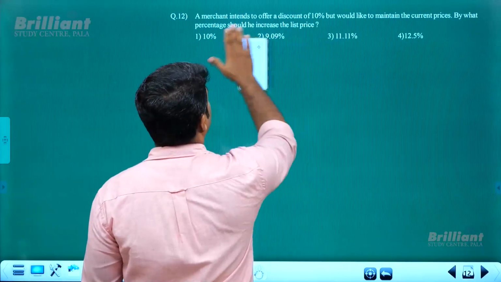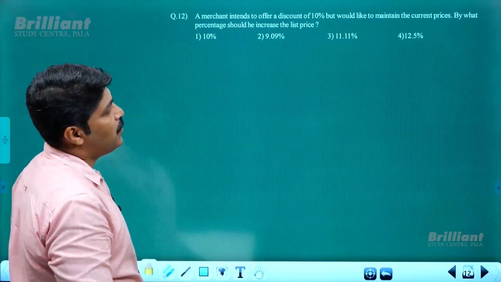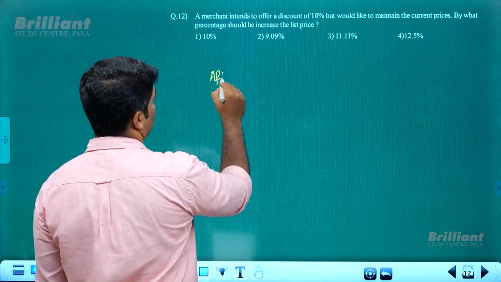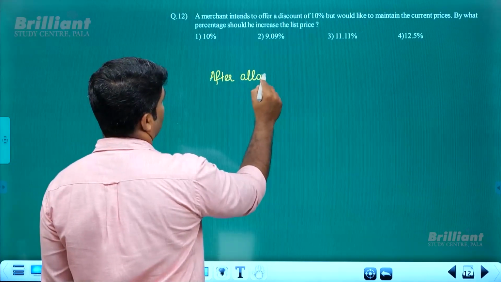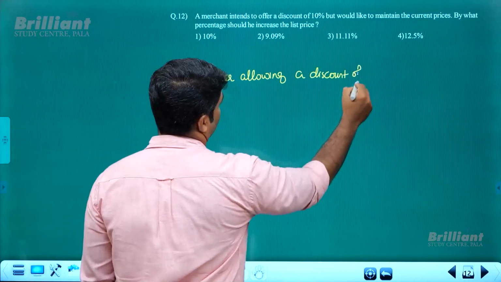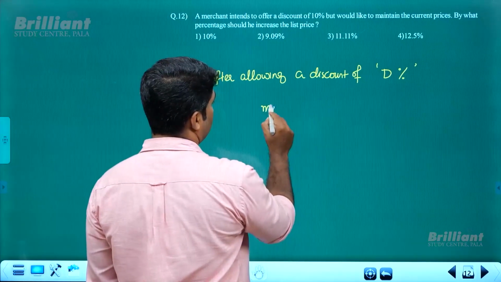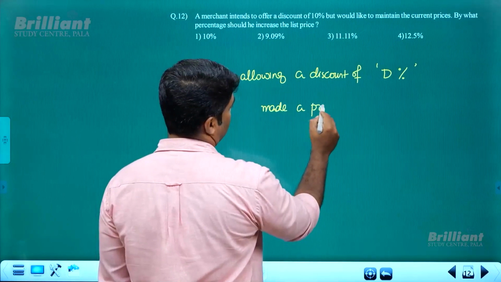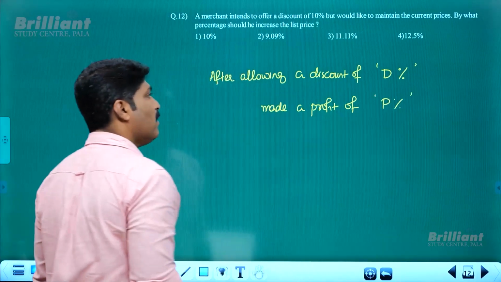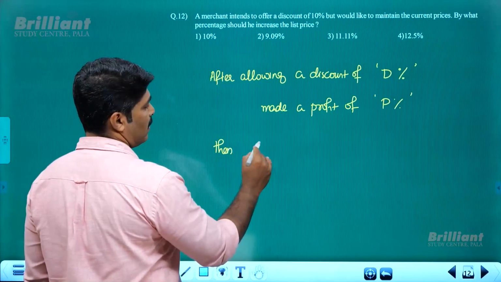I'll explain that one. Here, after offering a discount of D%, if a merchant made a profit of P%, then we can frame a relationship between marked price and cost price.